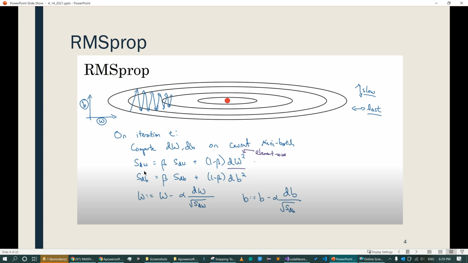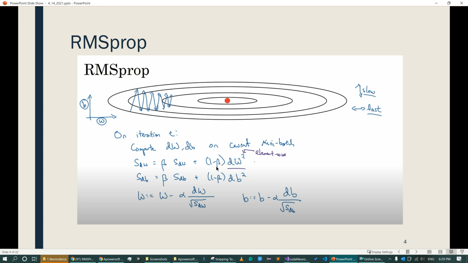We calculate the sdw based on the last iteration's sdw, plus dW squared, which is element-wise dW squared, times 1 minus beta.